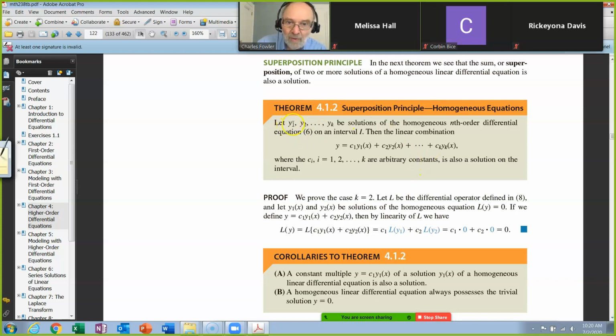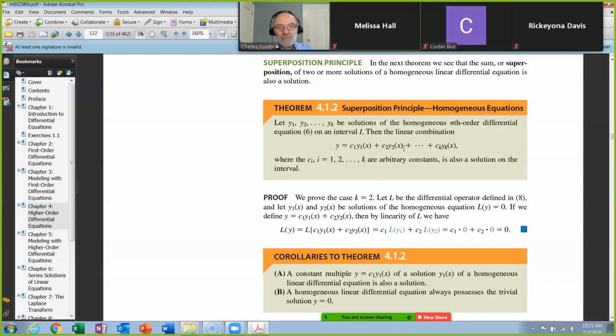So let y1, y2, y3, all the way up to yk be solutions of a homogeneous nth order differential equation. That's the 6 here. That's why they say homogeneous there. On some interval I, the linear combination of those, y equals c1 times y1 plus c2 times y2 plus c3 times y3, all the way up to ck times yk, where the ci's, i going from 1 to k, are arbitrary constants, can be anything, is also a solution.